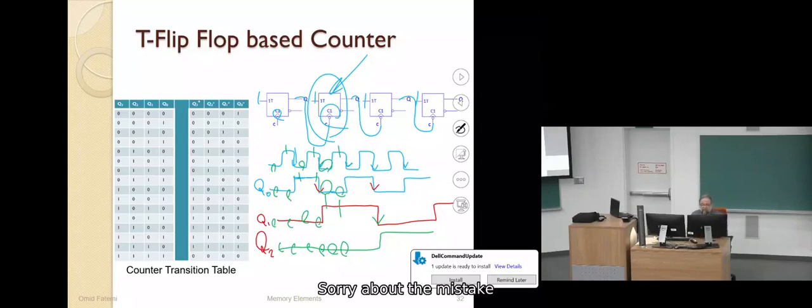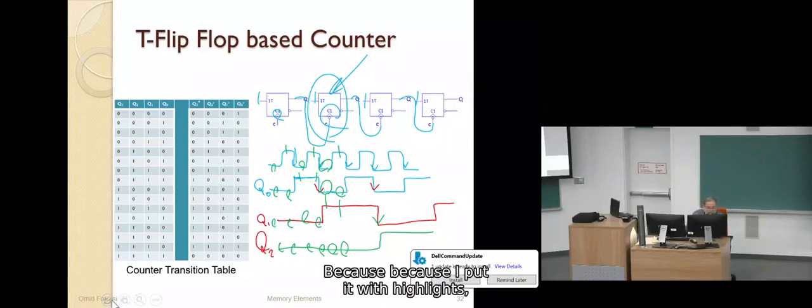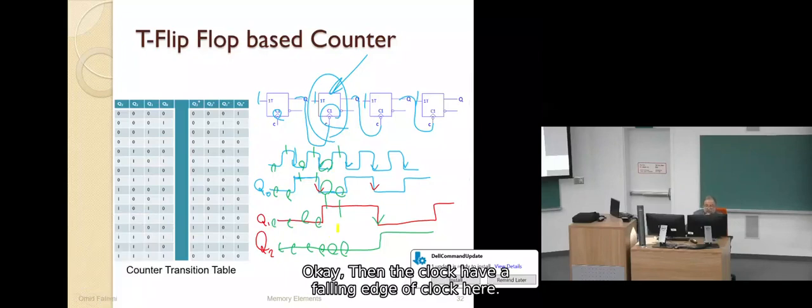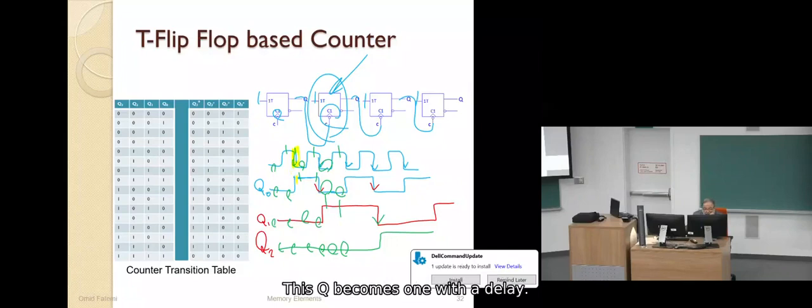Sorry about the mistake, that was not the synchronous one. So here we have an asynchronous design. Why? When the clock has a falling edge here, this Q becomes 1 with a delay, the delay that we talked about.